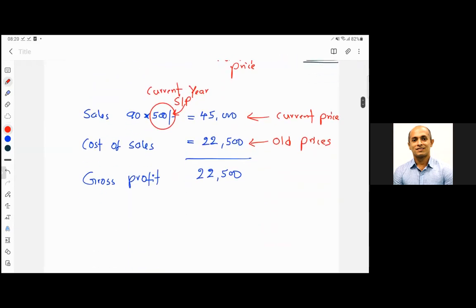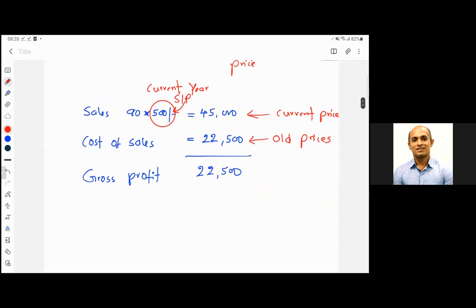Now you see in your statement of income, if you follow the FIFO method, you compare sales at current price with cost of sales at old price.